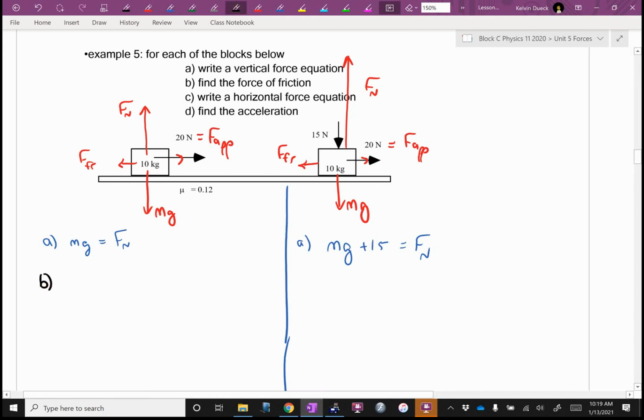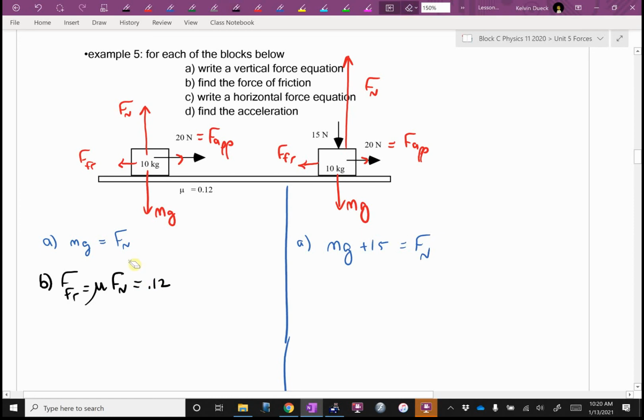Adam, what does B want me to find? Force of friction. Friction equals what times what? Mu times the normal force. Let's write that down. What's mu? 0.12. I don't know the normal. Wait a minute, I do know the normal force.